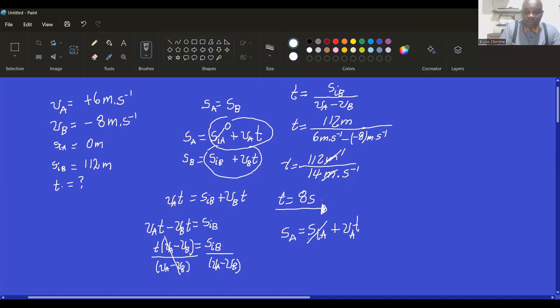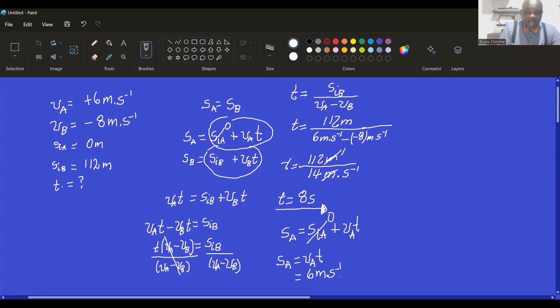And since now we have the time, it's a matter of multiplying the velocity, which is plus 6 meters per second, by 8 seconds. Notice that the seconds on one side are being divided, so meters per second. These seconds will cancel these seconds that are multiplying. So what you have will give you meters.